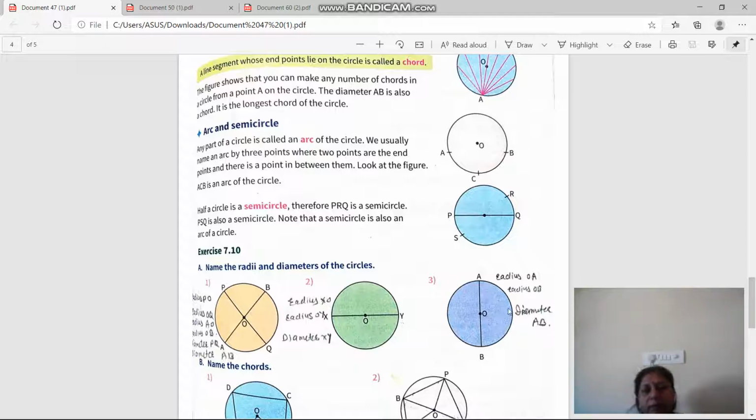Here OA and OB are the radii, and AB is a diameter of the circle. Get it?